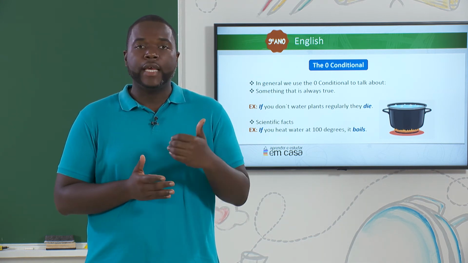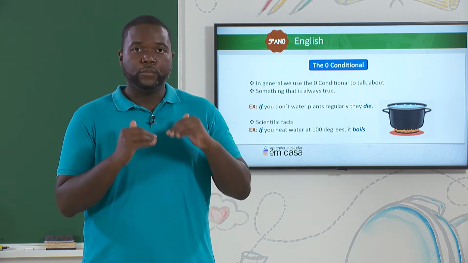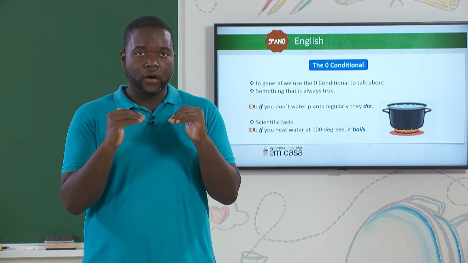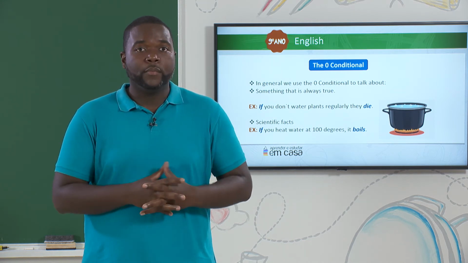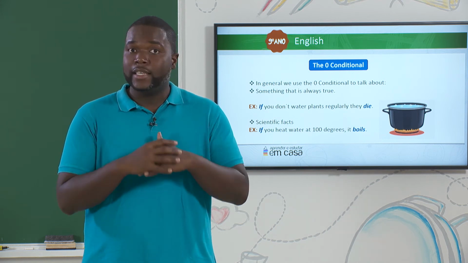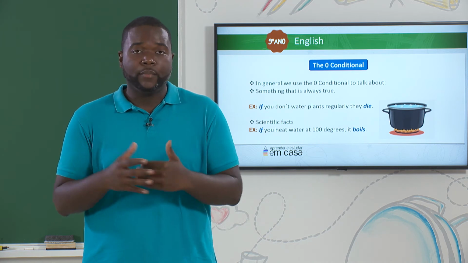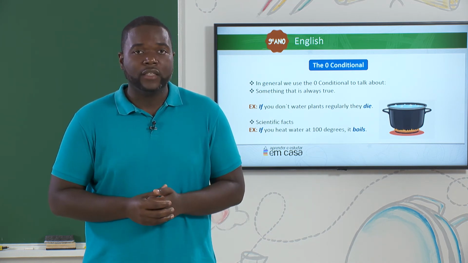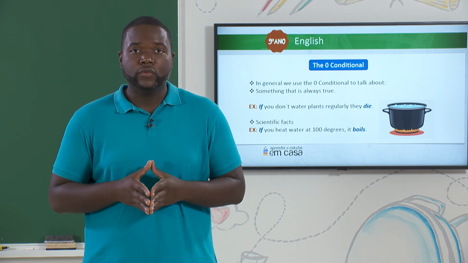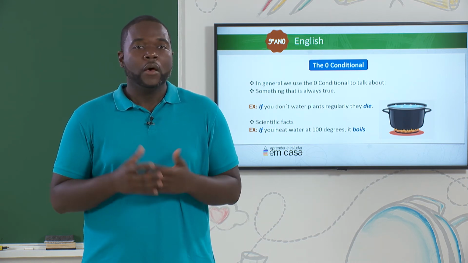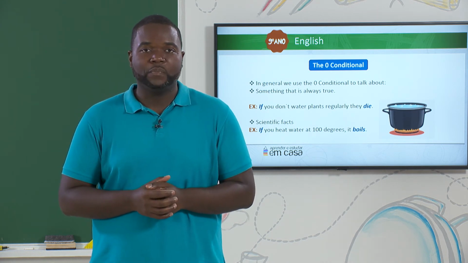Now, if you heat water, like you have in the picture over there, if you put water on top of fire, what happens? Yes, after a couple of minutes, it's going to boil. And this always happens, no matter what. It always happens. So when you talk about scientific facts, something that science has proven to be correct, we use the zero conditional. All right? Let's see some examples and the proper use of the zero conditional. Let's go.